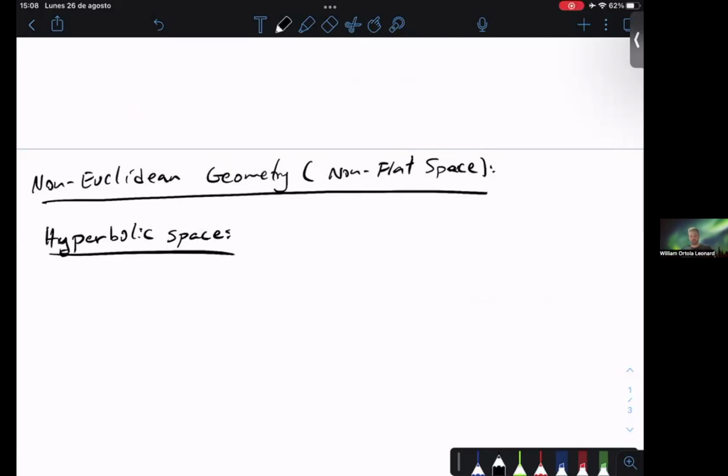In this type of space, what we can say is basically we have two lines that, in a region local to us, are parallel to each other, okay? And once you go out of your local region of space, what you're going to see is that these lines start separating from each other, curving away from each other.